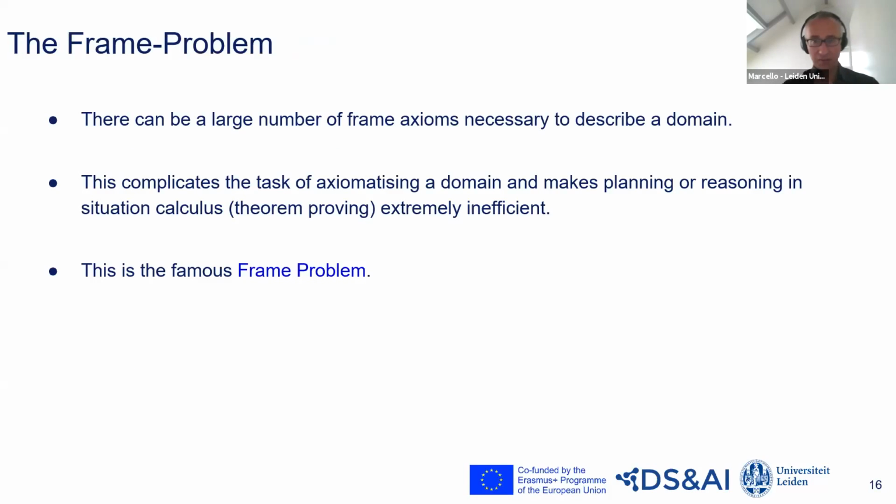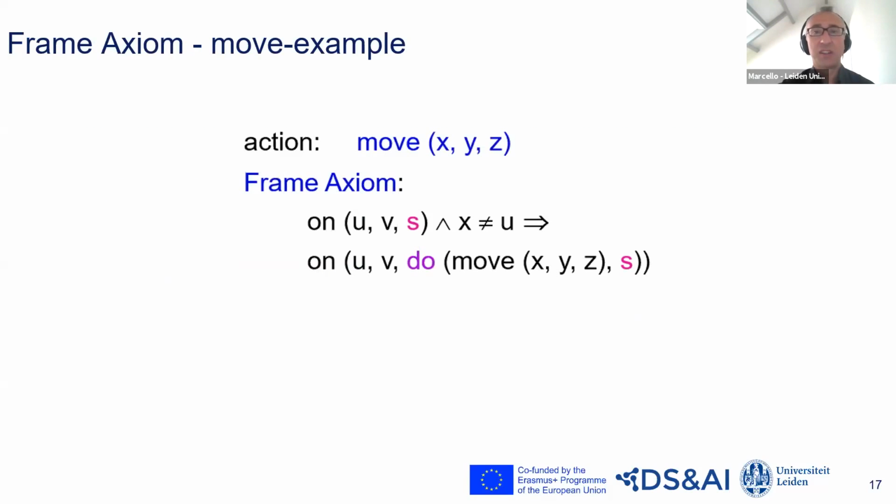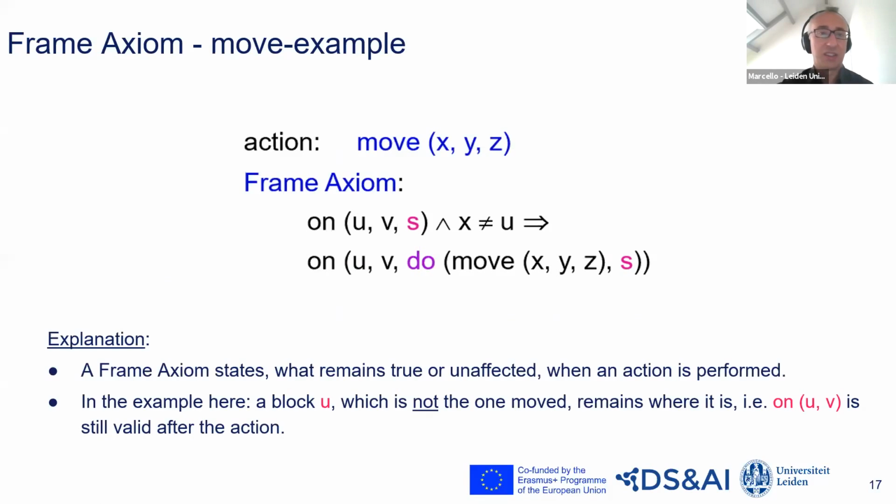And then one of the major problems of the situation calculus is the frame problem, which is described in terms of this frame action here. The frame action says what remains true when an action is performed. In the case of moving blocks from one to the other, you try to describe what does not change.